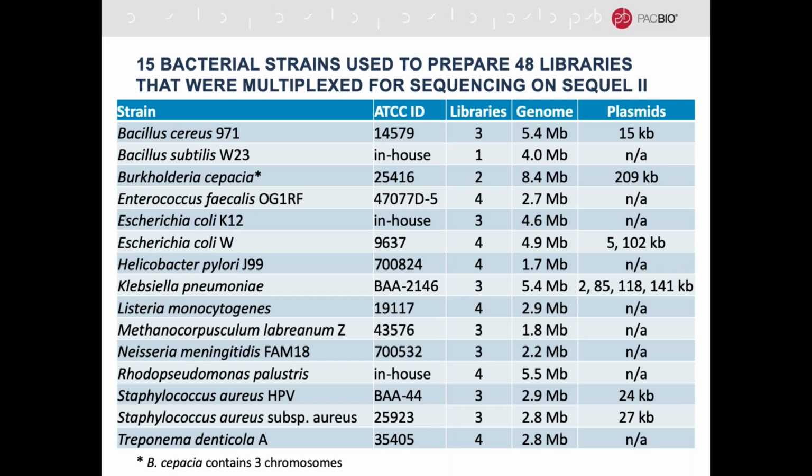You can see the expected genome sizes there range from 1.7 megabases at the low end up to 8.4 megabases at the high end. Also of note is that one strain, Burkholderia cepacia, has 3 circular chromosomes, whereas the rest of the strains just have a single circular chromosome. You can also see on the far right column the plasmids, the known plasmids that we expect to recover from this pipeline.